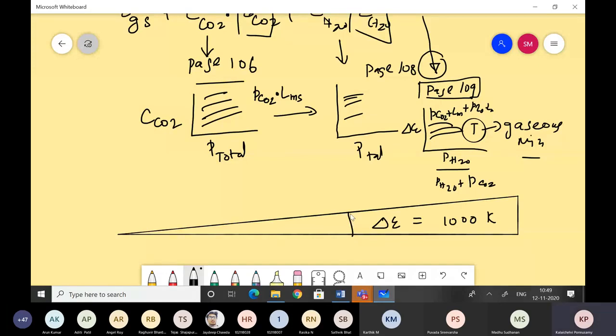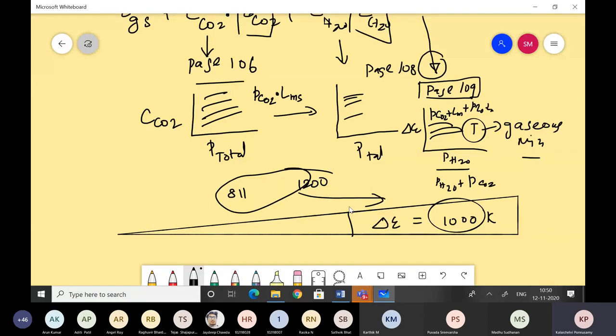You can get it for 811 and you can get it for 1200, but it is not available at 1000 Kelvin. What will you do? Should we find it at both 811 and 1200 and extrapolate to find 1000? Okay, please interpolate by assuming that this delta effectiveness varies linearly with temperature.